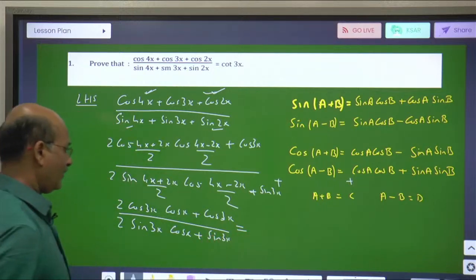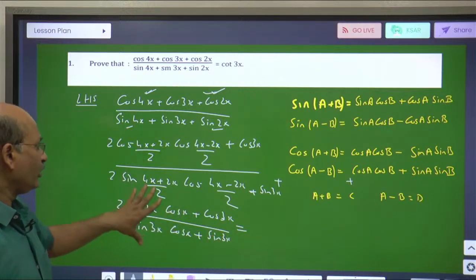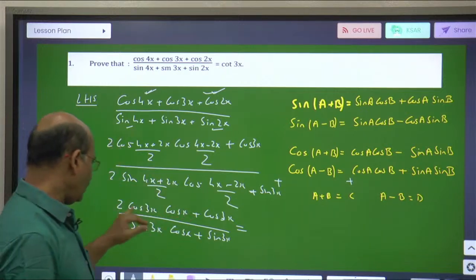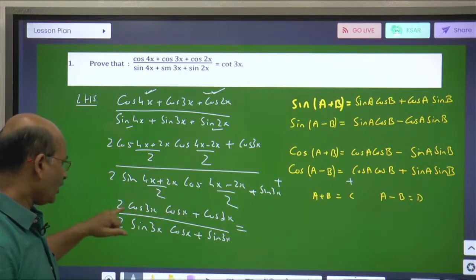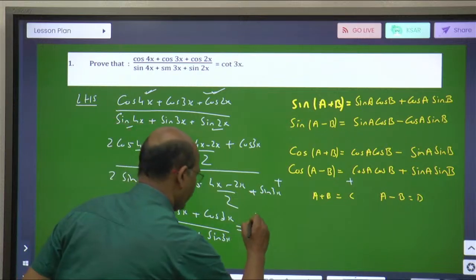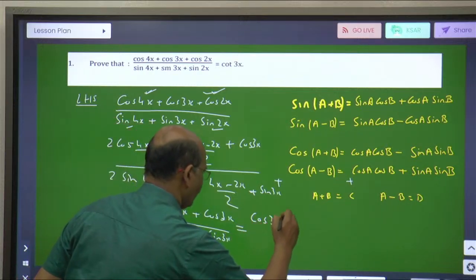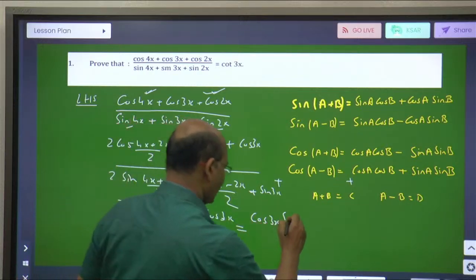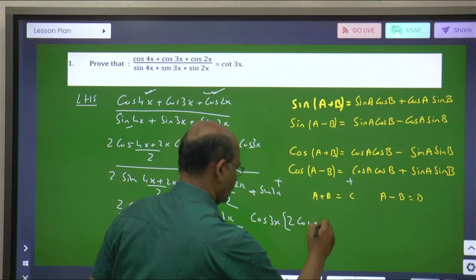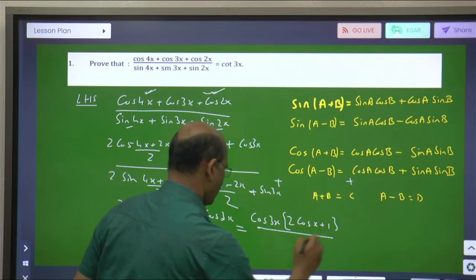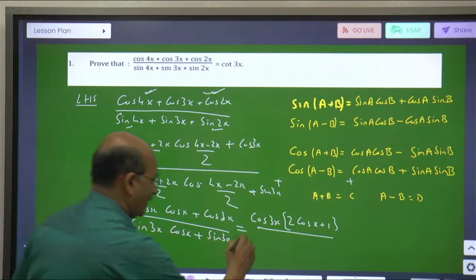Now look what is happening. In the numerator, once you reach the application of this formula here, you can take cos 3x common from the numerator, and what is left out here? 2 cos x plus 1 upon sin 3x I can take common.